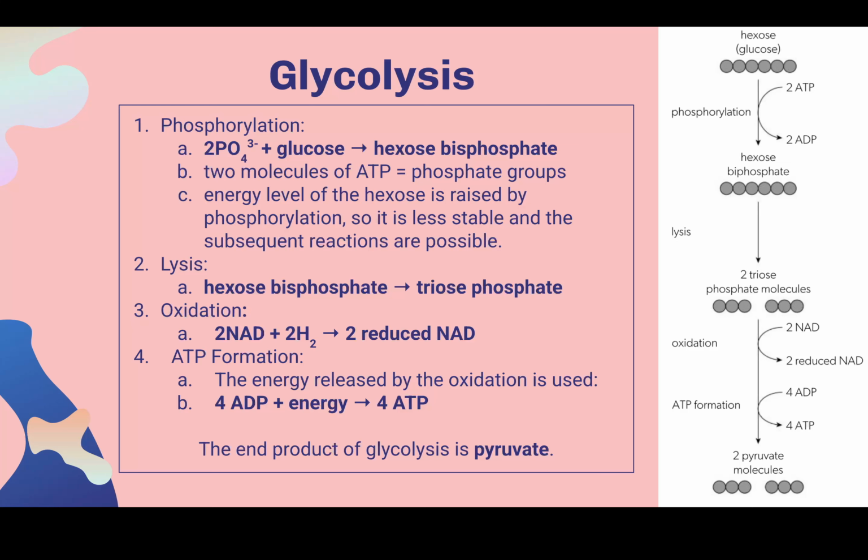So the hexose biphosphate, which is a 6-carbon compound, gets broken down into two triose phosphate molecules, which basically means that there's 3 carbons and 3 carbons, and each of them has one phosphate group as well, which is what happens in lysis.